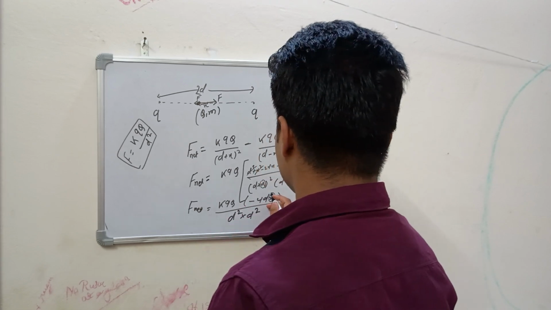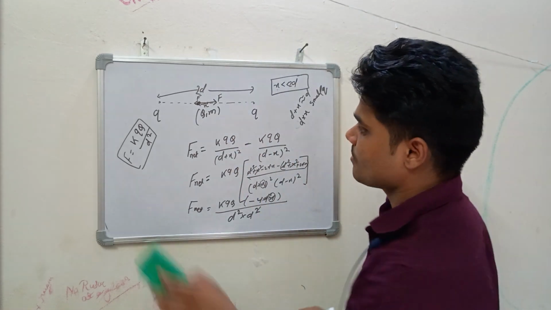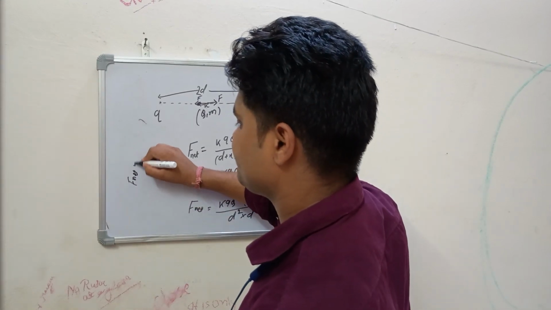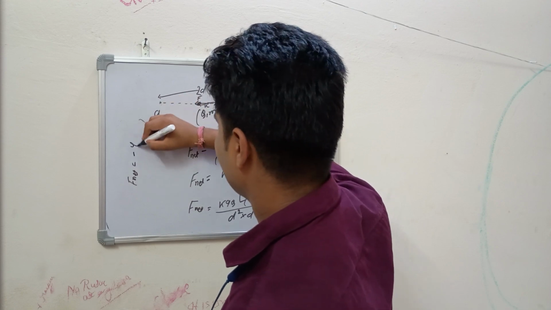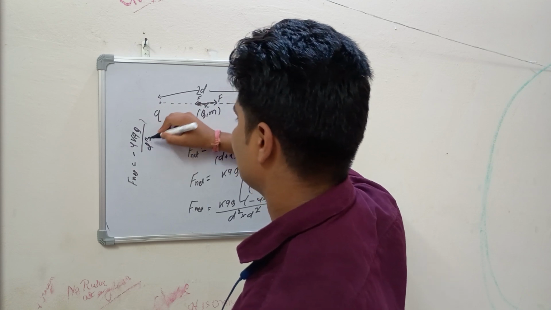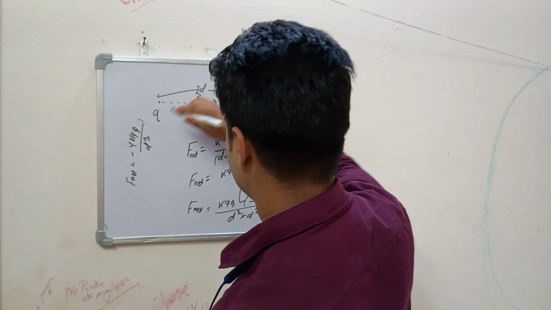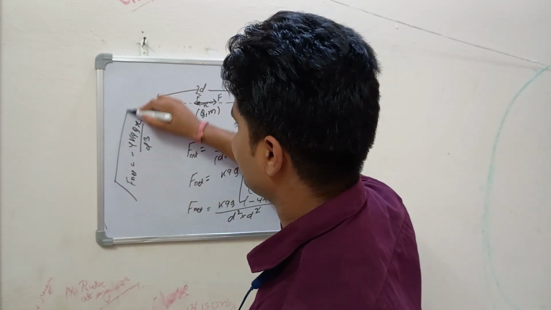Now we can cancel out one d by one d. Then F net equals minus 4KQq by d cube into x.